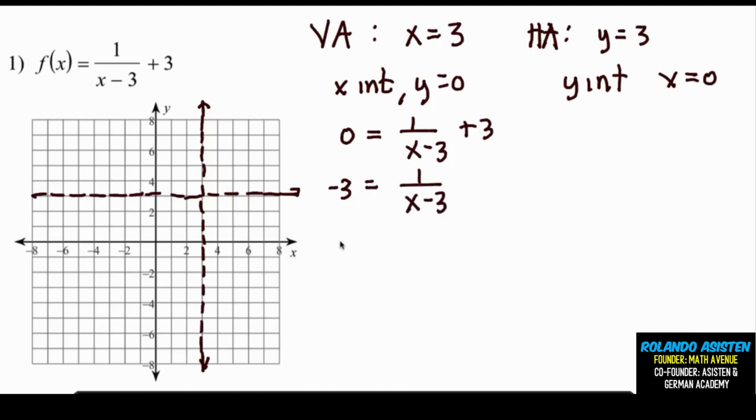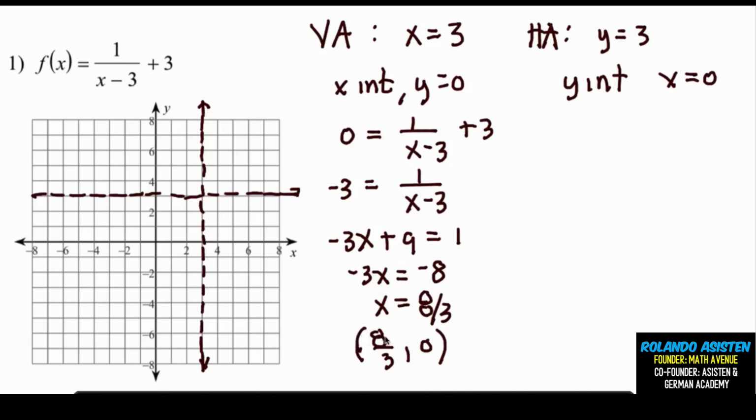And then multiplying both sides by x minus 3, we get negative 3x plus 9 equals 1. Subtract 9 from both sides, negative 3x equals negative 8. So x is positive 8 over 3. So the graph will cross the point x equals 8 over 3 and y is 0, which is our x-intercept.